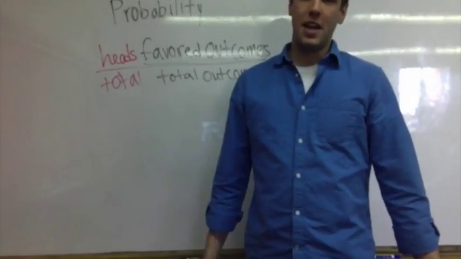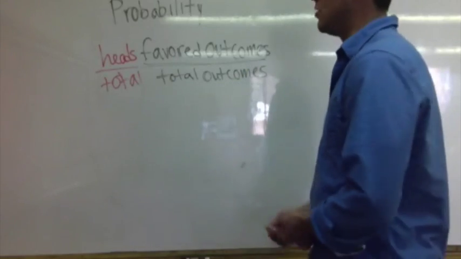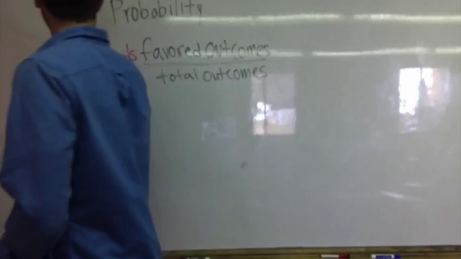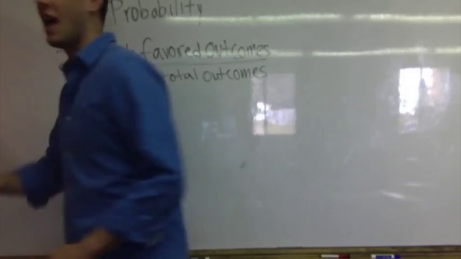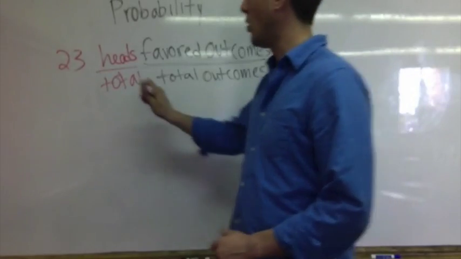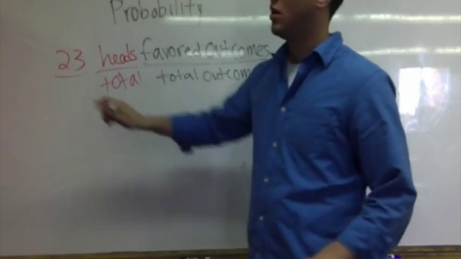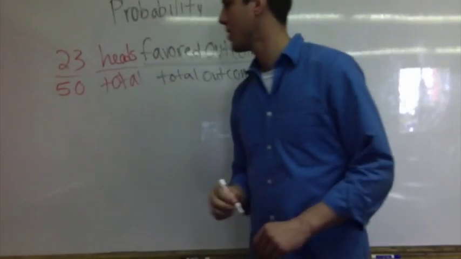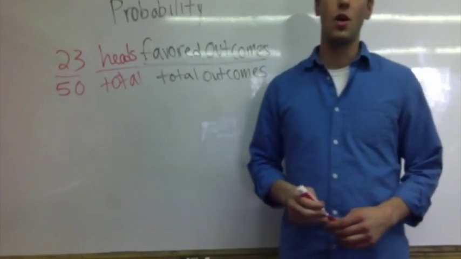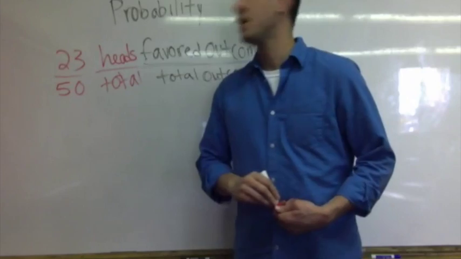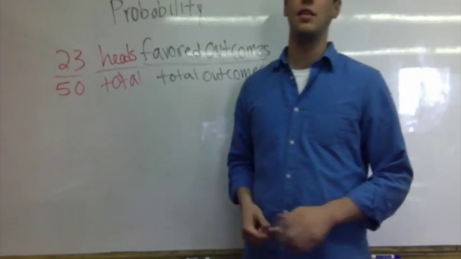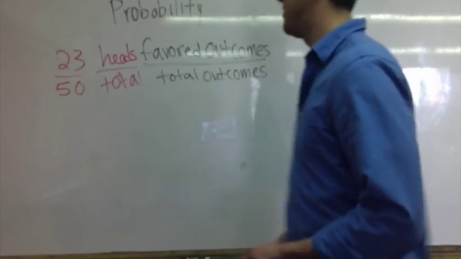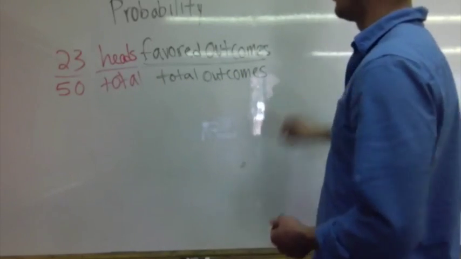I flipped it enough times, and I've come to the conclusion that we have flipped heads about 23 times out of a total of 50 flips. So I flipped the coin 50 times, and I got heads 23 times out of that 50. All right, so 23 out of 50 is my favorite outcomes out of total outcomes.